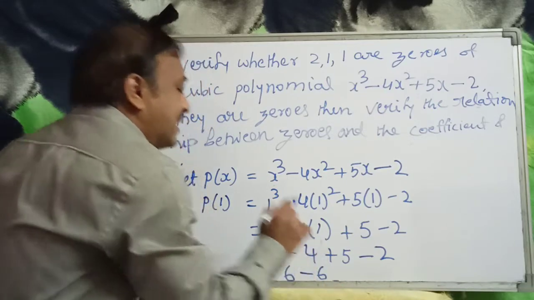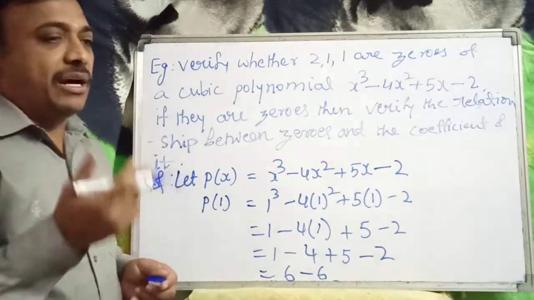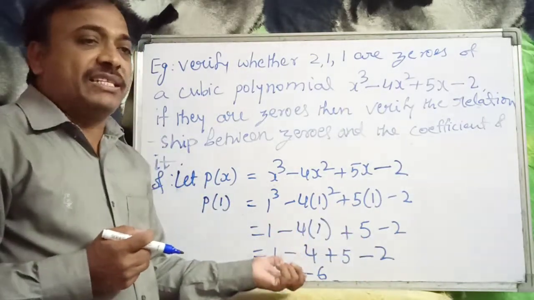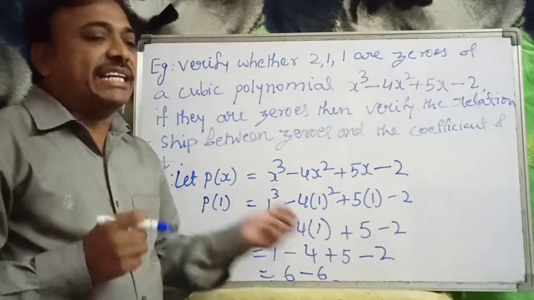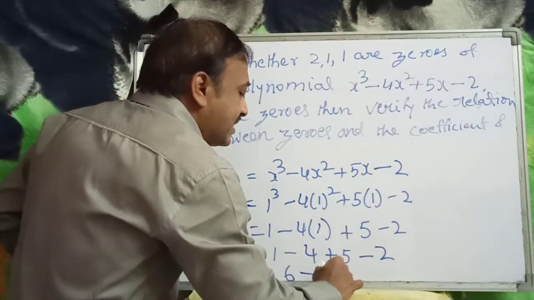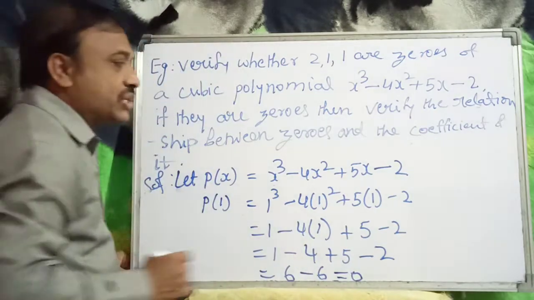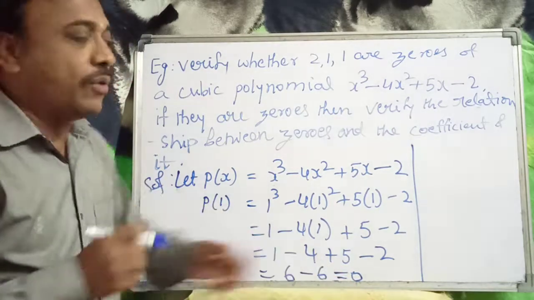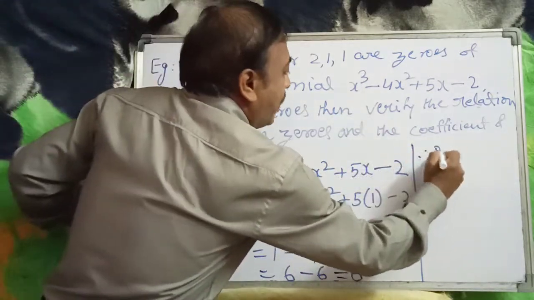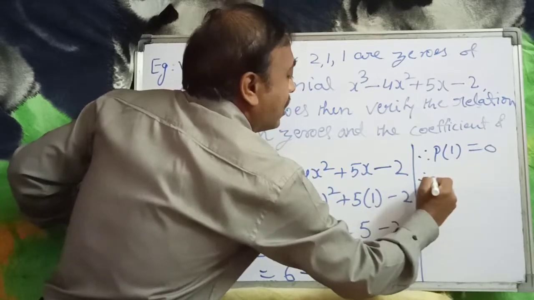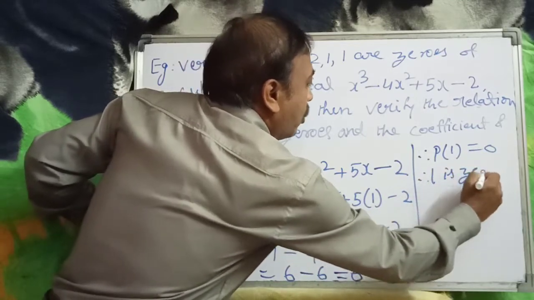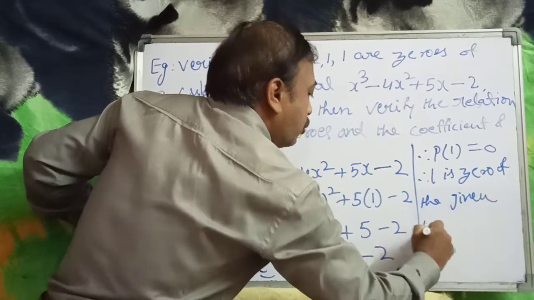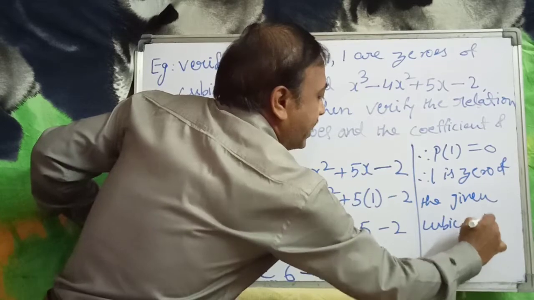In class 6th or 7th we learned addition and subtraction of integers. When we add two negative integers, we put the sign as negative and add those two integers. 6 minus 6 will give you 0. That means when we substitute this 1 also, we are getting the answer as 0. Therefore, p of 1 is equal to 0. Therefore, 1 is a zero of the given cubic polynomial.